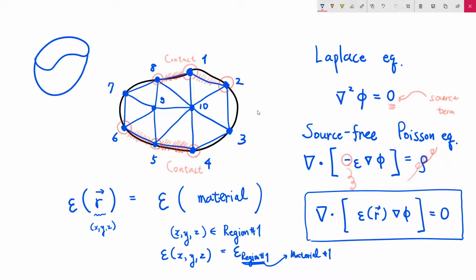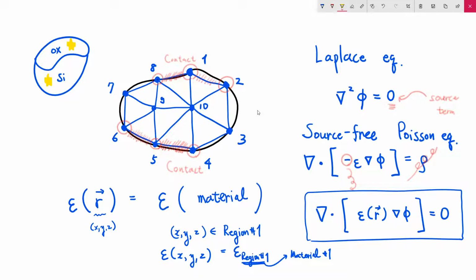This is oxide and silicon, and if we consider a certain position here, what will be the epsilon? That will obviously be the permittivity of silicon. Also, if we consider a point here, then obviously we will have the epsilon of oxide. That is quite straightforward.